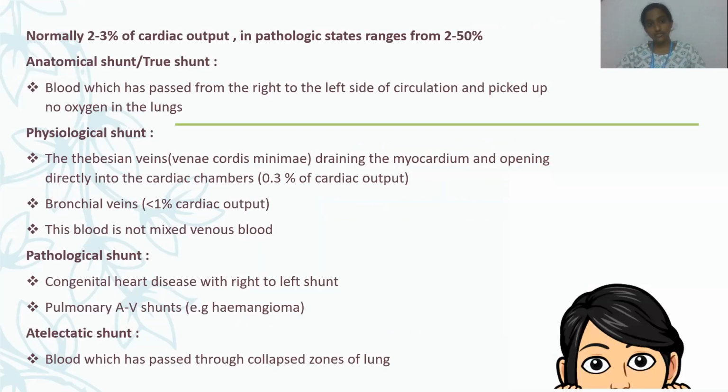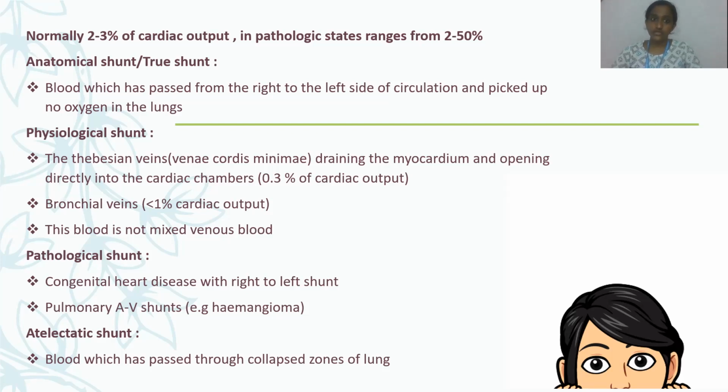So there are a variety of shunts present, like anatomical shunt, physiological shunt, pathological shunt, atelectatic shunt, etc. Physiological shunts are normal mechanisms like the Thebesian veins and the bronchial veins.